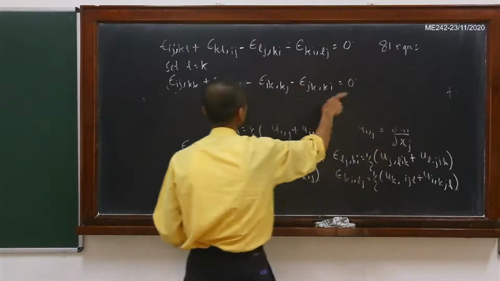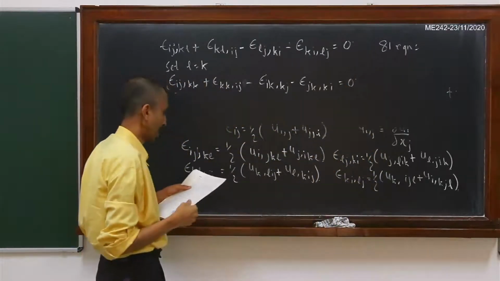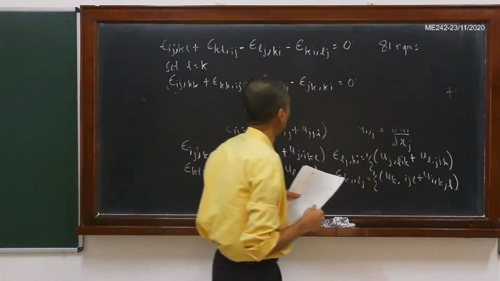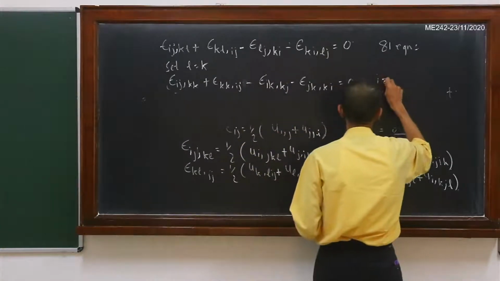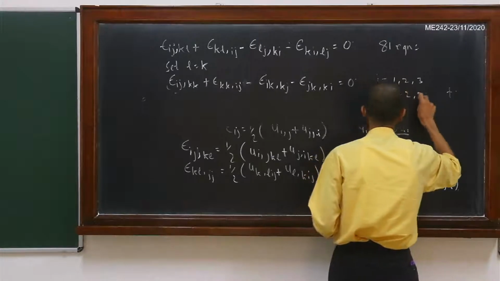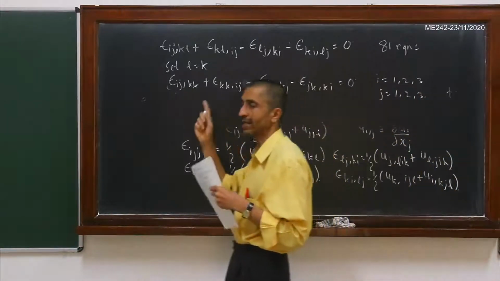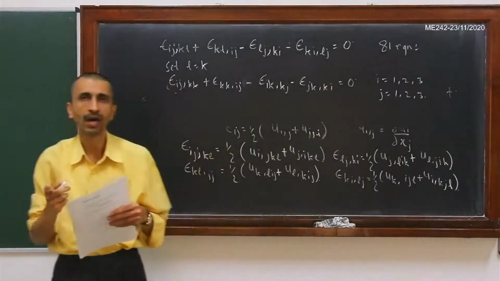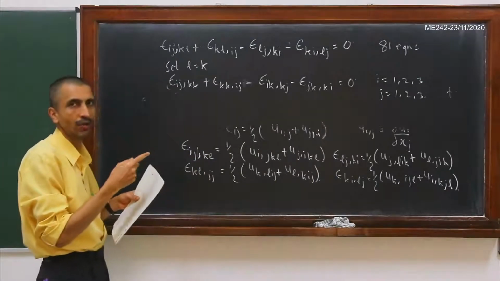So now you can see that this is a set of only 6 equations because of the symmetry, correct? i equal to 1, 2, 3 and j is also equal to 1, 2, 3. But because epsilon ij is equal to epsilon ji, it is actually only a set of 6 equations.